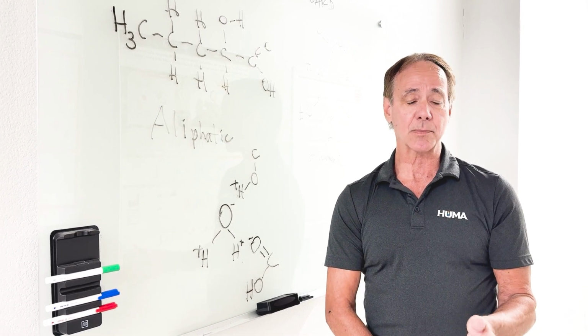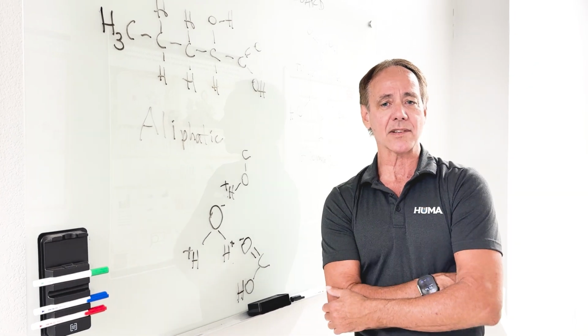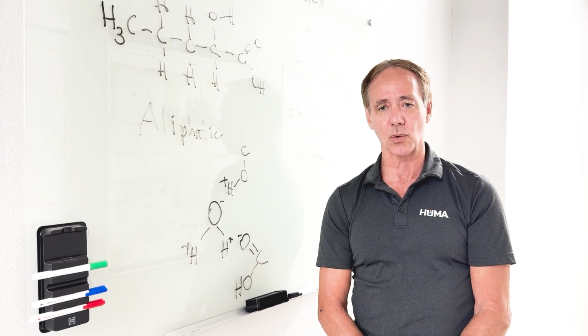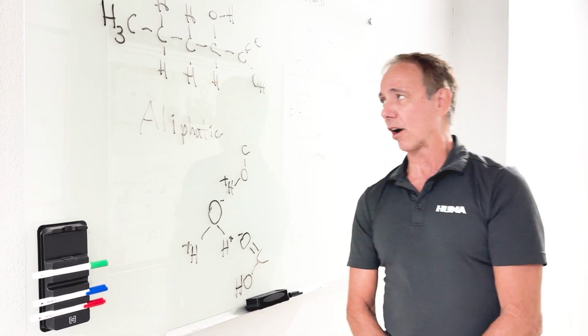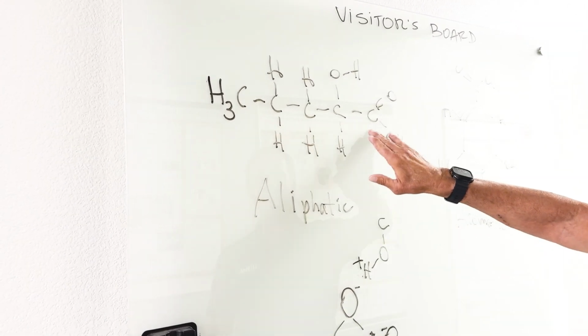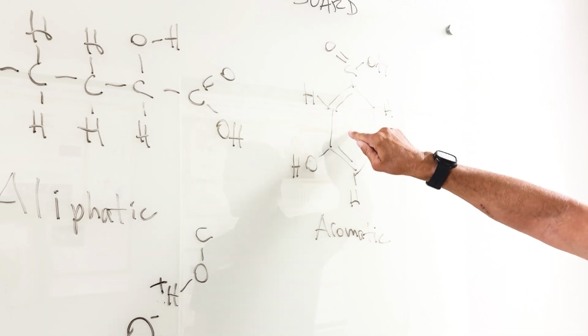In terms of the difference between humic acids and fulvic acids, humic acids and fulvic acids are composed of thousands of different molecules. And they are composed of aliphatic molecules, which are long carbon chains, and also aromatic molecules that are, for example, a benzene ring.